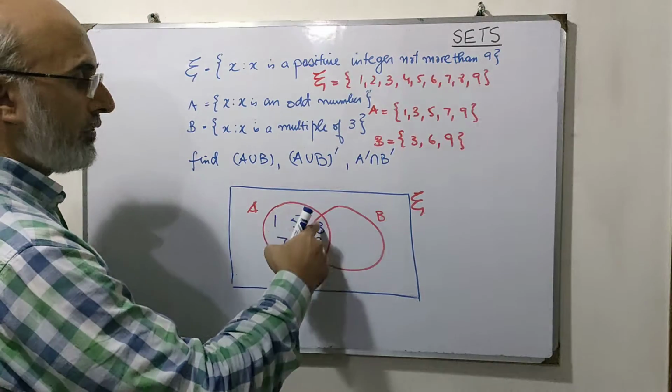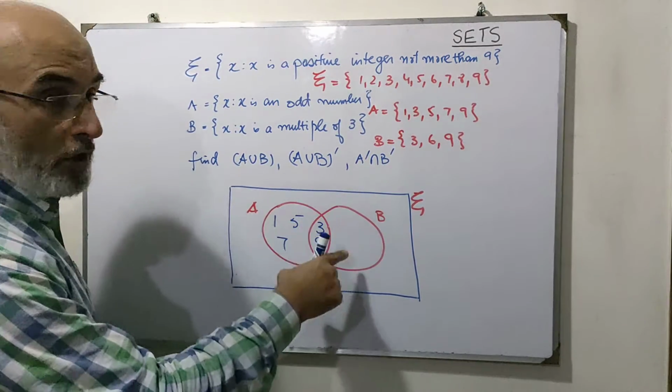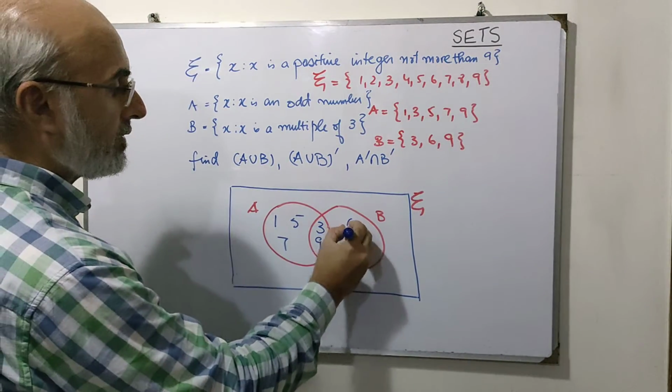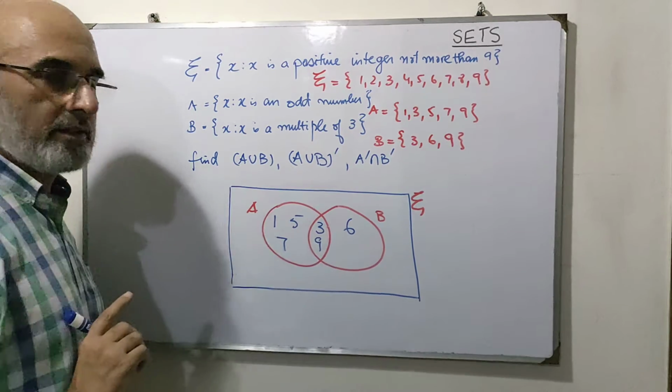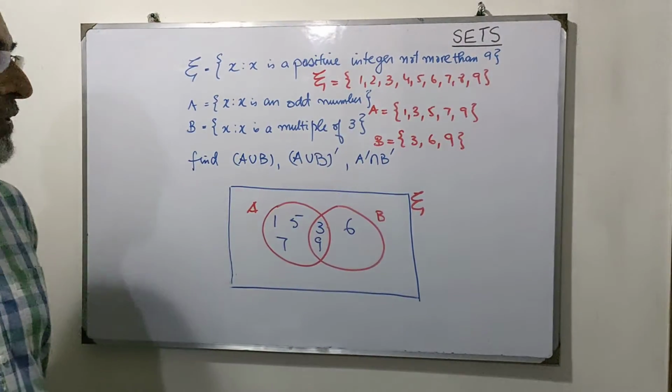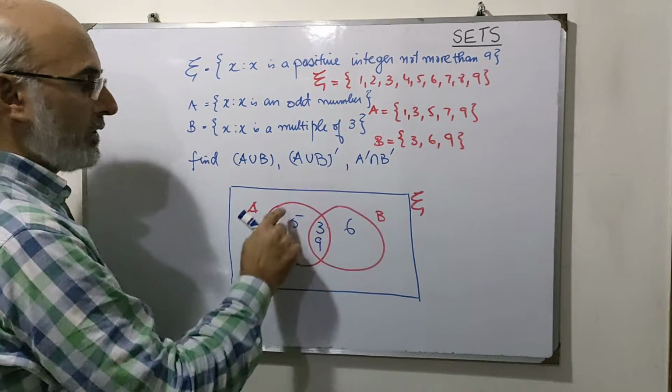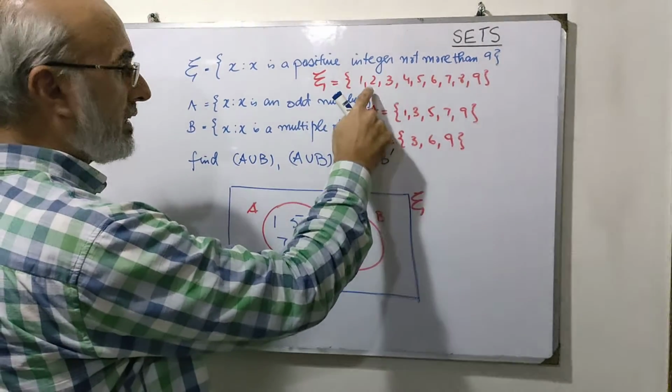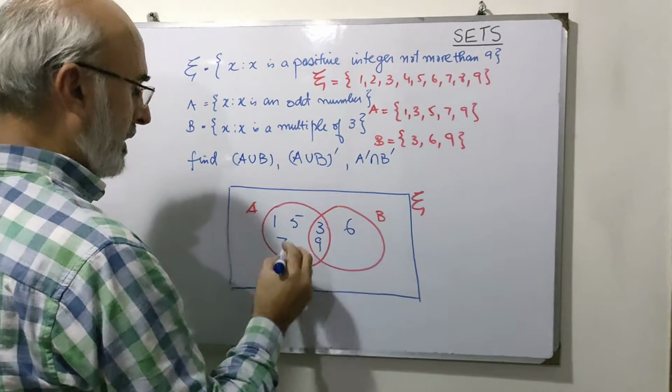Now 3 is already in B, in the common area, then 6, and 9 is already there, right? Now coming back to the universal set, what is left? 1 is already there. What is left is 2.